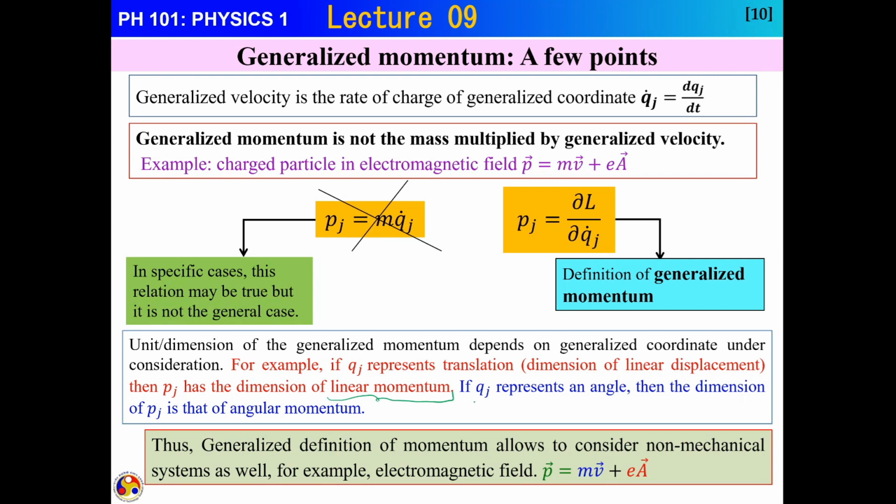Or if you take Qj as an angle, then Pj will be an angular momentum. So what we are saying is that the generalized definition of momentum allows us to consider non-mechanical systems as well, which you have seen in the electromagnetic field case.